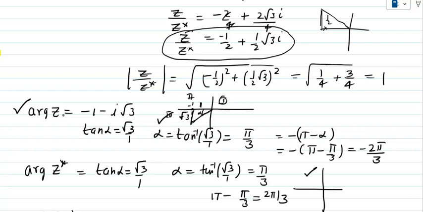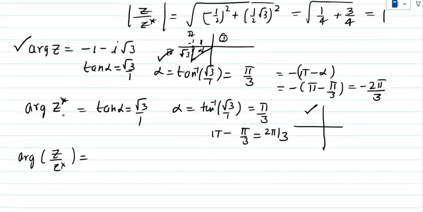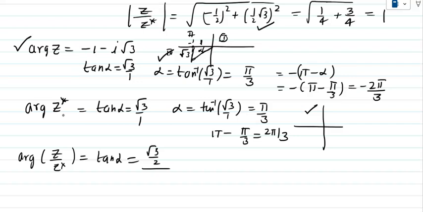The second quadrant will be pi minus alpha. So let's find alpha first. Tan alpha equals root 3 by 2 divided by 1 by 2. Do not put the minus sign. So 2 and 2 cancel out, and we get root 3. So alpha equals tan inverse root 3, which is pi over 3 again.